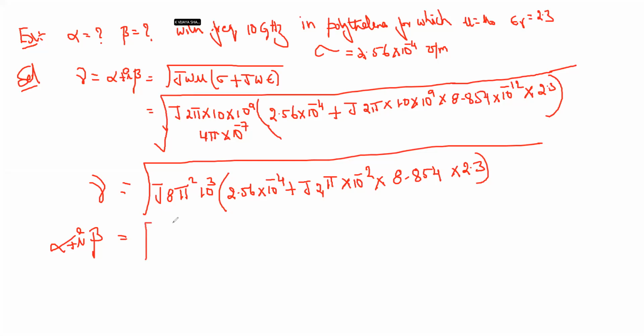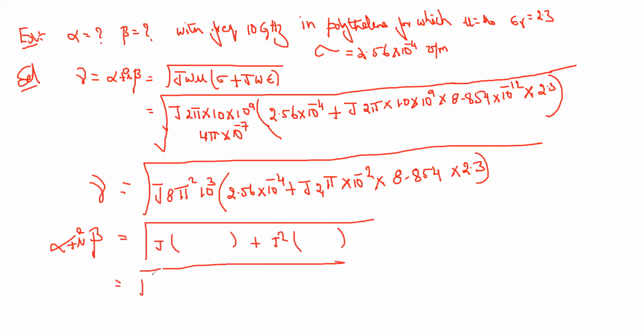By simplifying this equation, we got here the j, some coefficient will get plus j square into some coefficient will get, that is a under root of minus of some value plus j into the coefficient.